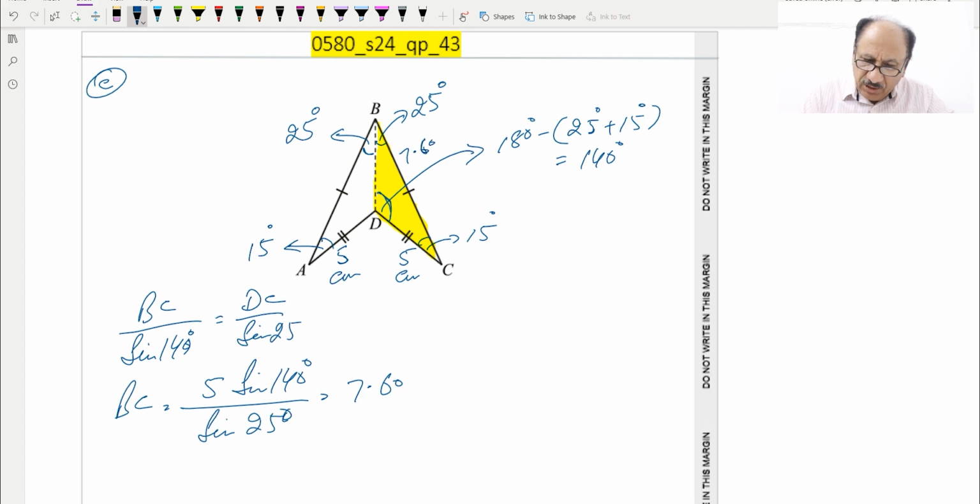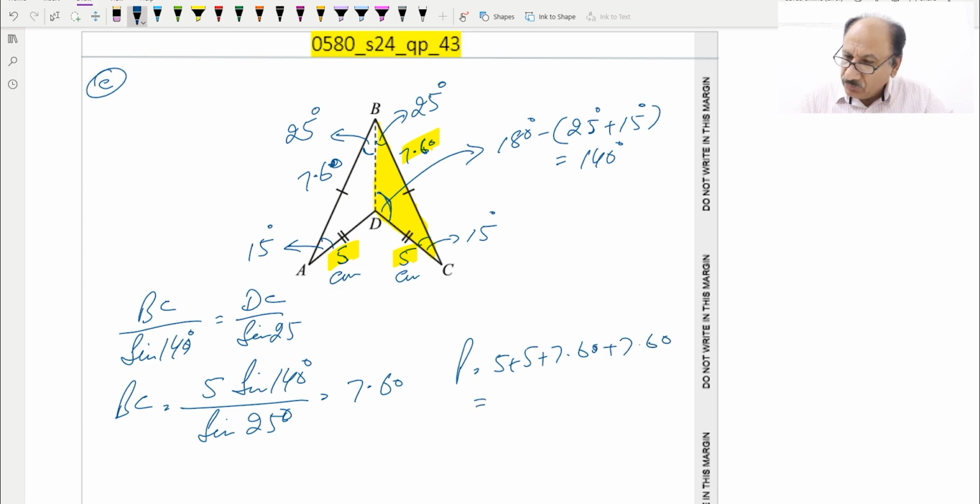Now we have two sides of 5 each, and the other side is 7.60, and there is one more side which is 7.60. So we will be adding all these four sides and we will get the answer. So perimeter P will be equal to 5 plus 5 plus 7.60 plus 7.60.